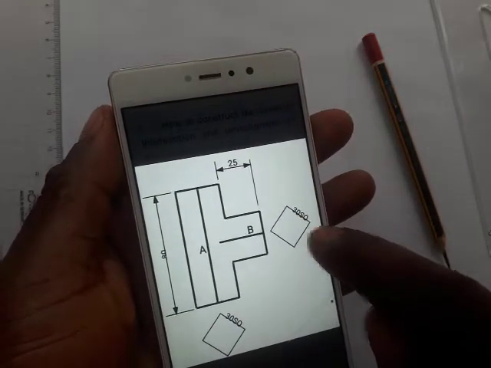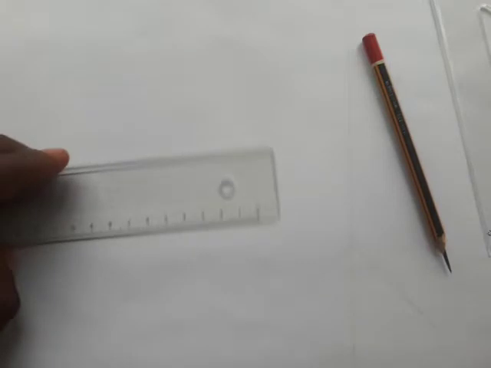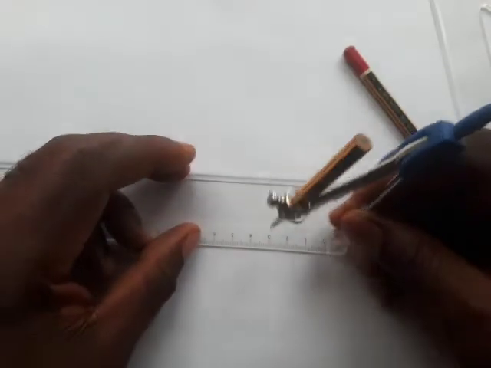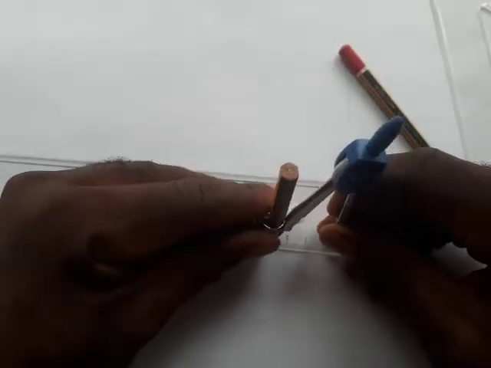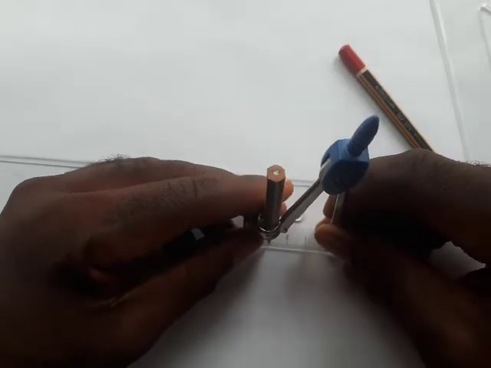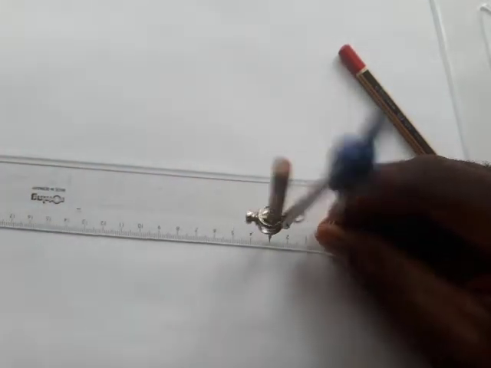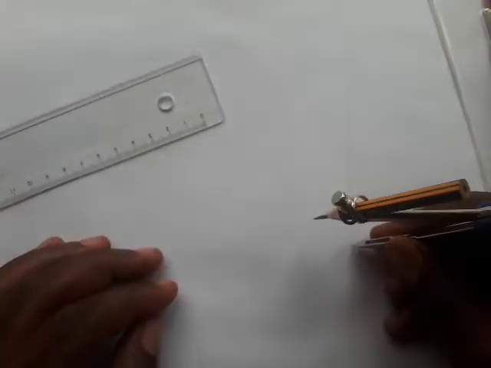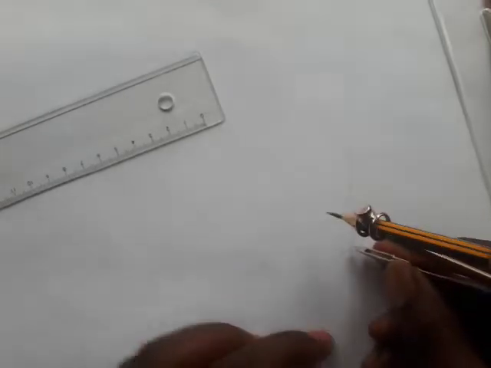What is the length of the side of the square? We're given 30 square. So stretch 30, that's 3 centimeters or 30 mm, on your pair of compass. Once you're done, just needle at this point. Now assume I haven't drawn.